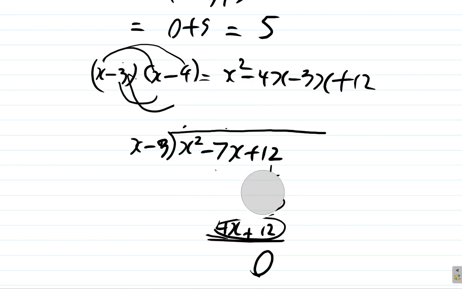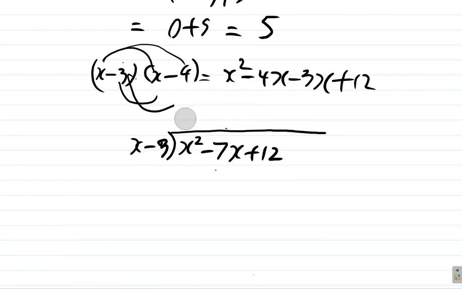Let's erase the working before, because we're going to do a division again. 12 plus 5 is what? It's 17. Let's go. X into x squared is x. X times x is x squared. X times negative 3 is minus 3x. Subtract. Negative 7 minus negative 3 is negative 7 plus 3, which is negative 4x.